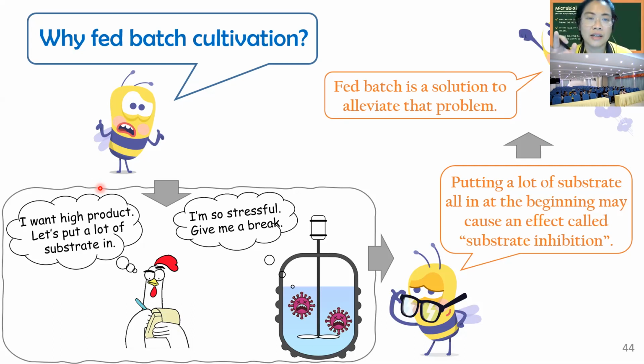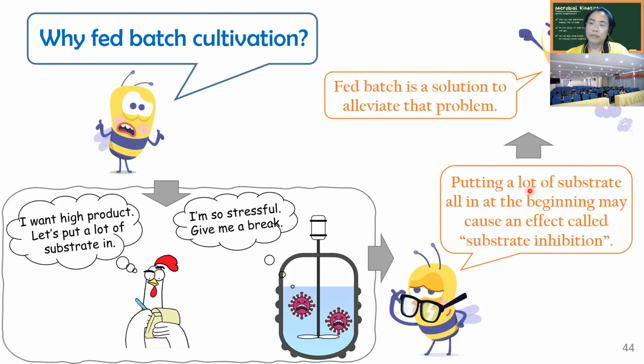The production of that yeast, which is the biomass, employs fed batch fermentation because of course you put more sugar in, you will get more cells, but putting a lot of sugar in at once will not be good for your cell production. So start off with a lower sugar concentration and keep putting more and more sugar in to make the cells produce more. So that is a classic example of the use of fed batch fermentation.